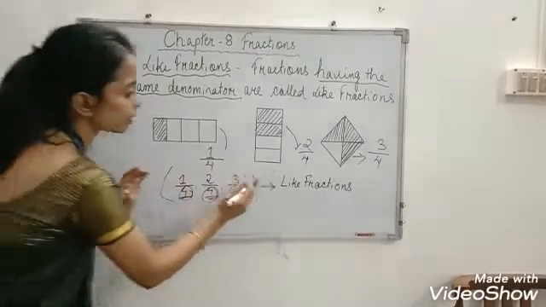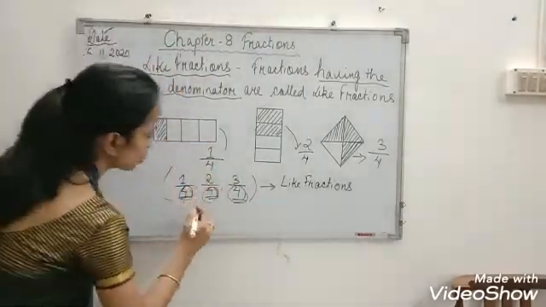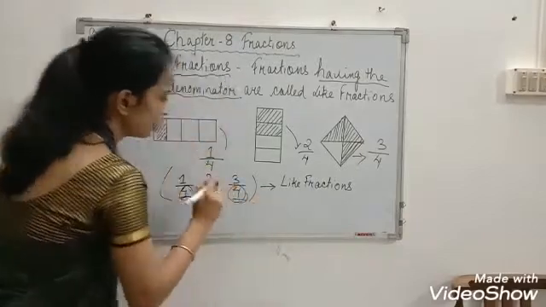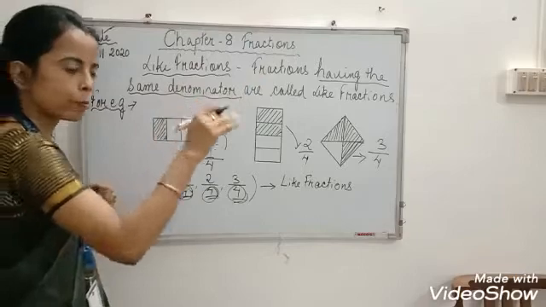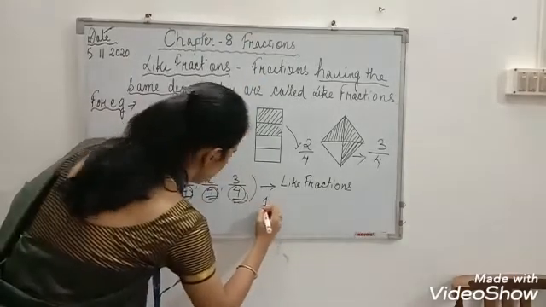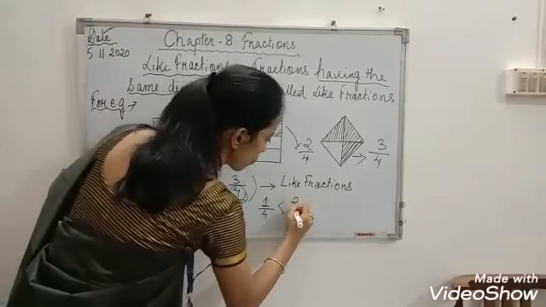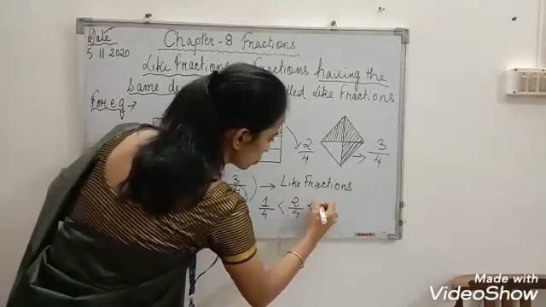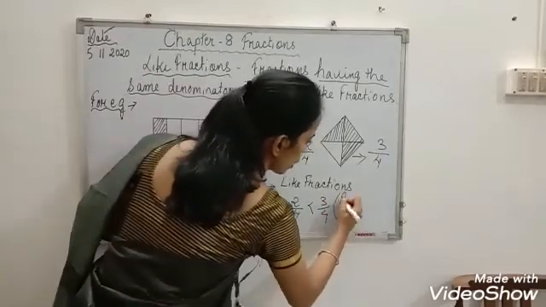In ascending order, it will go from smallest to biggest. So 1 by 4, 2 by 4, 3 by 4. So it's ascending order.